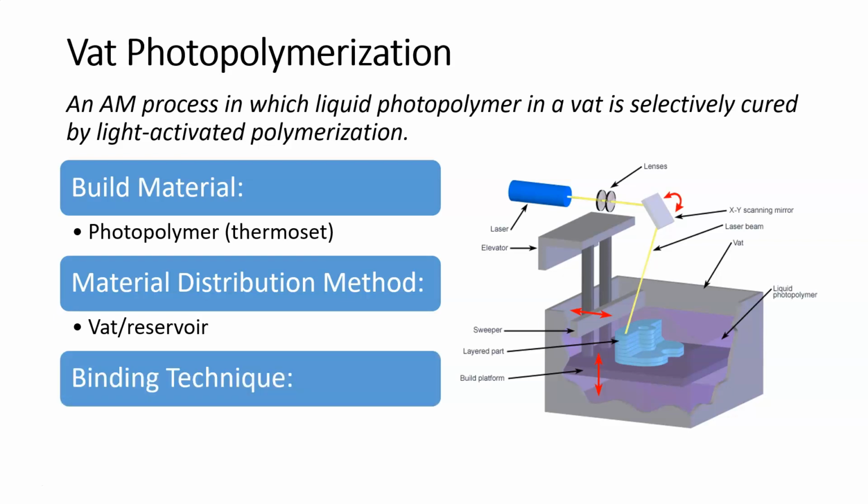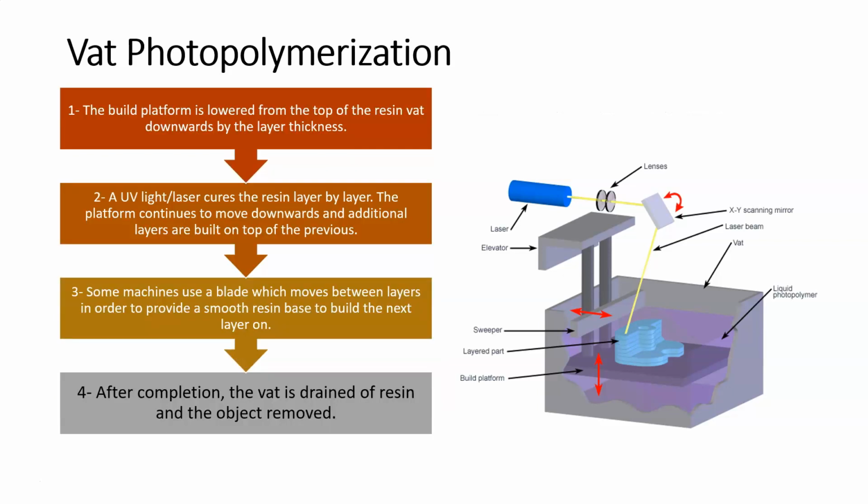And the binding technique, that is how we keep all the layers together and the other parts of the 3D print, is from a light source. Basically, it can be a UV light, it can be a laser. Any type of light is going to activate and bind the liquid into a solid so that we have our 3D printed object.